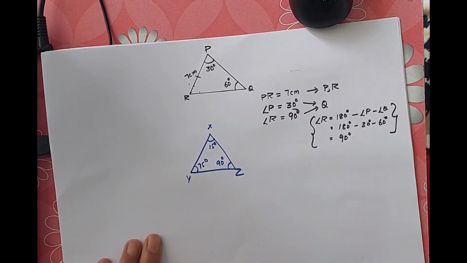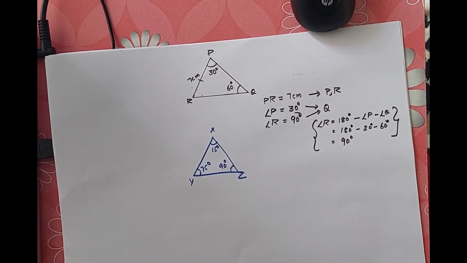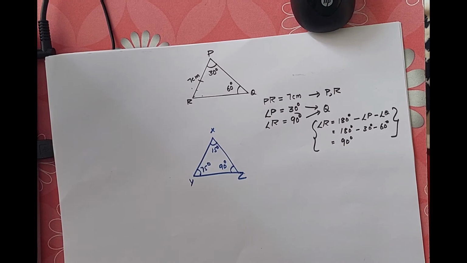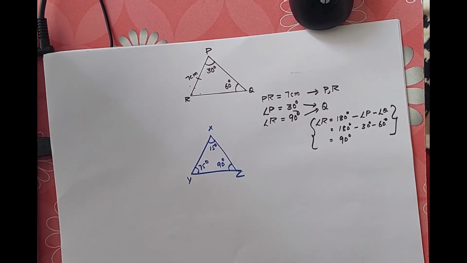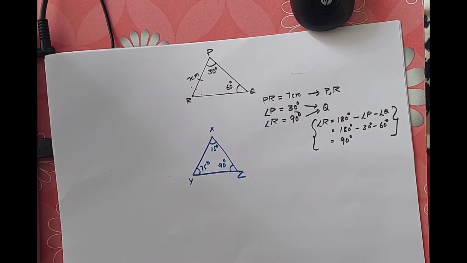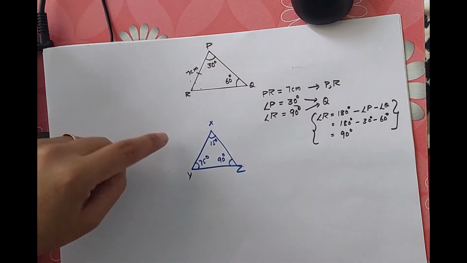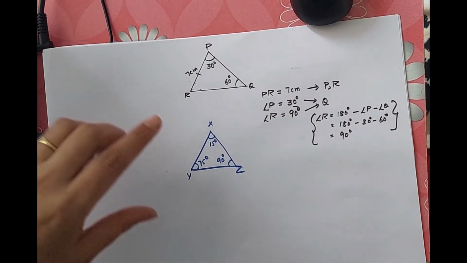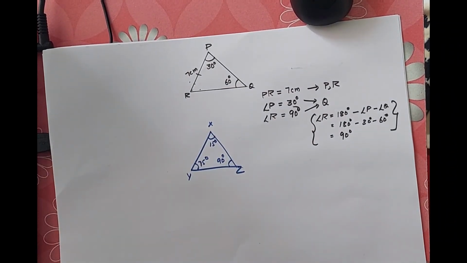Okay, so now what to construct first, because we have been given three measures and we have not been given any side, but we need a triangle in which the three angles are these. So is it impossible to construct this triangle without any side? No, it's not, because there is no side restriction. Somebody is asking us to construct a triangle in which three angles are these. So we can construct it.